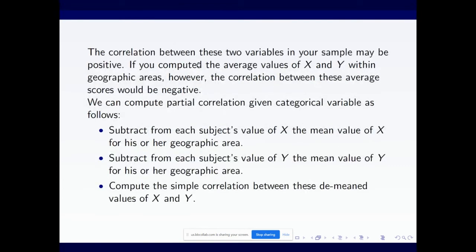So if you compute the average value of x and y within the geographic areas, however, the correlation between these average scores would be negative.